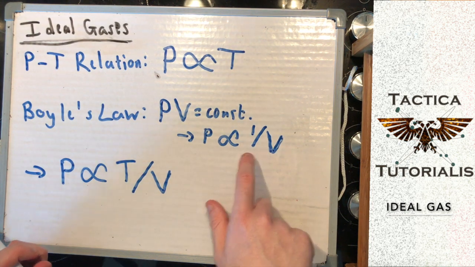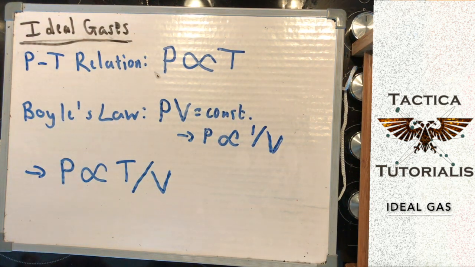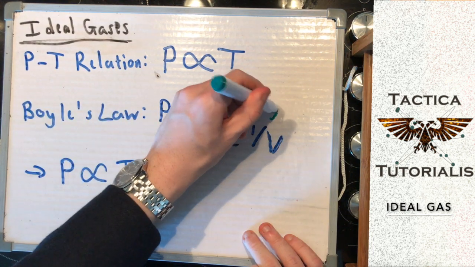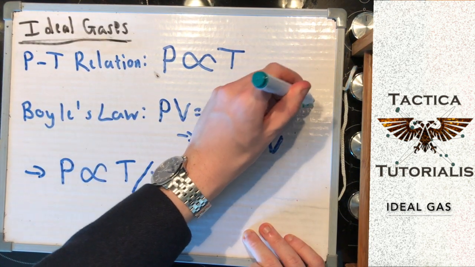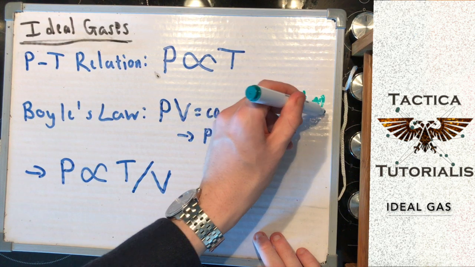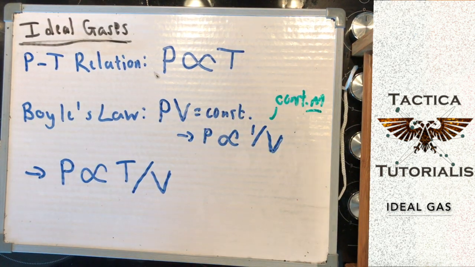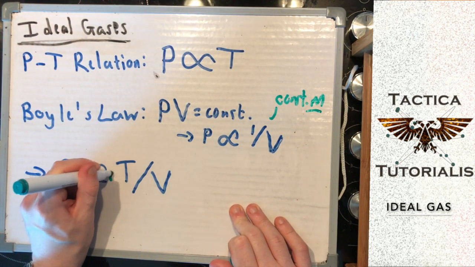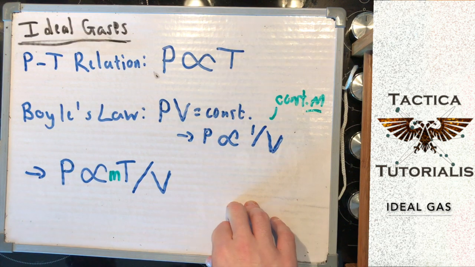Now we also mentioned here that this required a constant mass of gas, which is another way of saying that there is a constant amount of gas inside the container. And that also therefore means we could add a proportionality of, I don't know, M there.